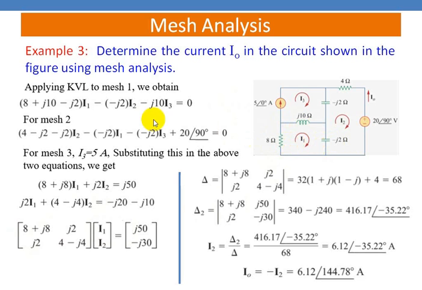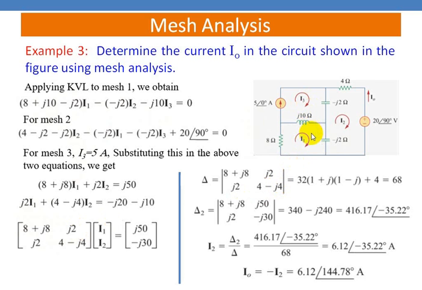So this will become 8 plus J8 into I1. The next, coming to I2, this is the element common between the first mesh and the second mesh.